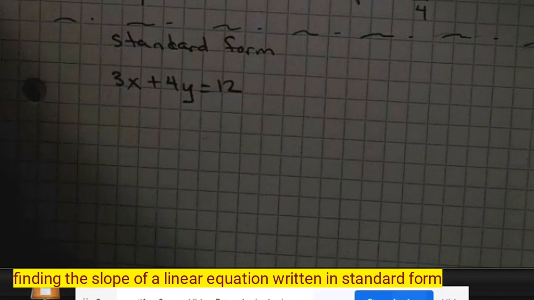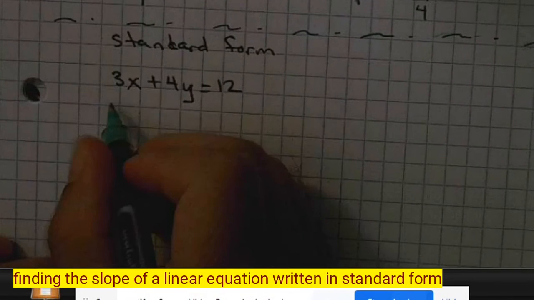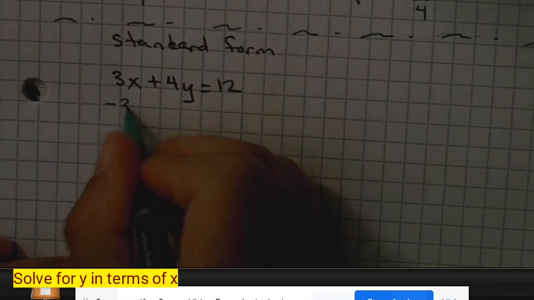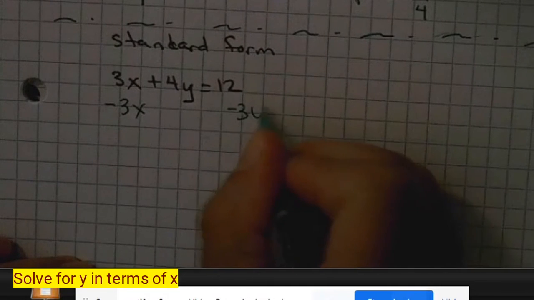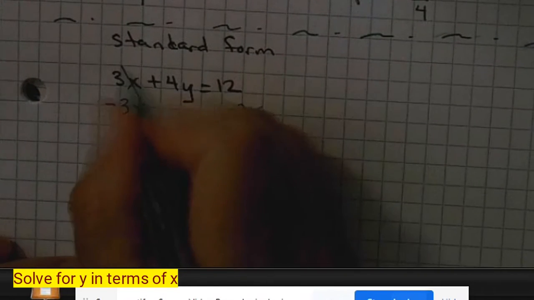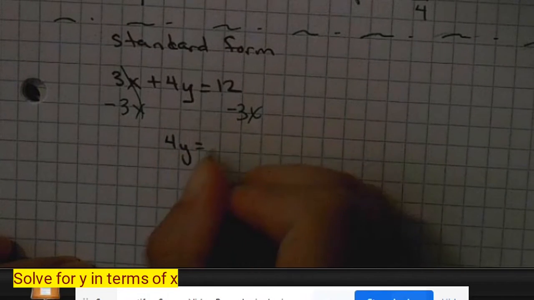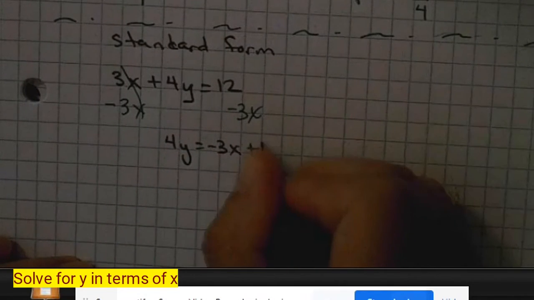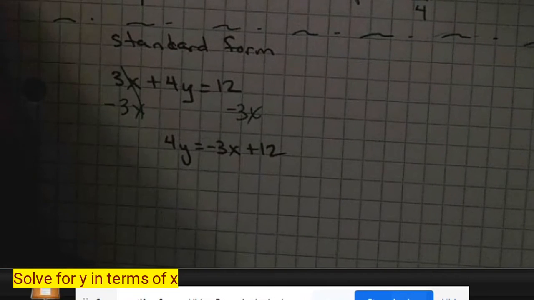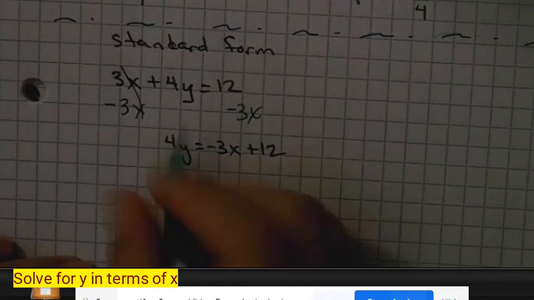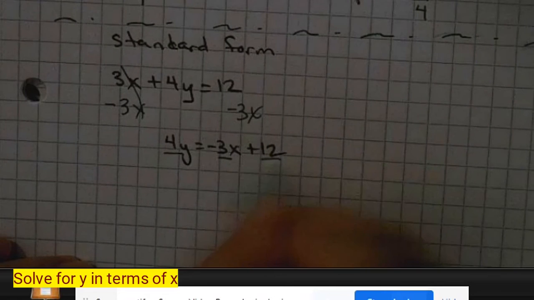So I'm going to do that. I'm going to go the slow method first. So I say minus 3x, minus 3x. That means that 4y equals negative 3x plus 12. Then I divide each side by 4 to isolate the y.